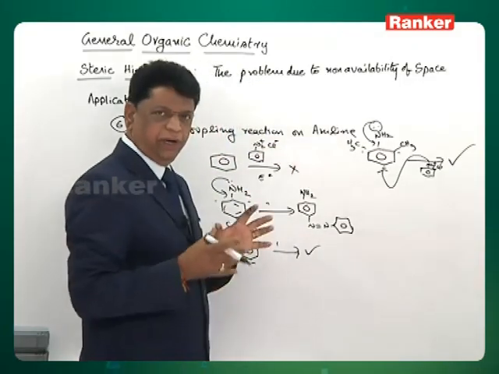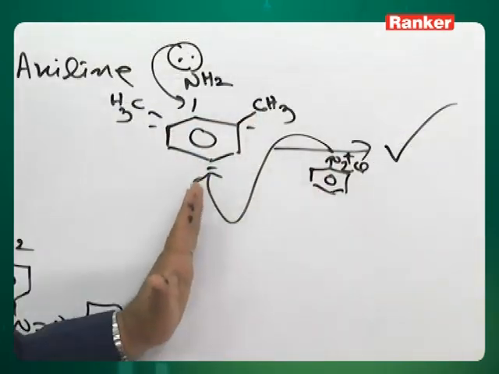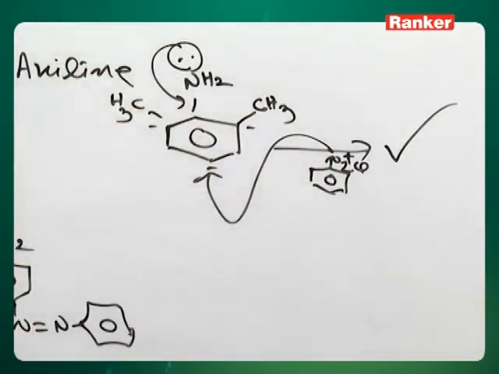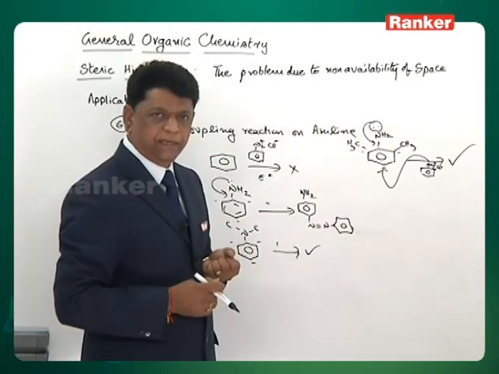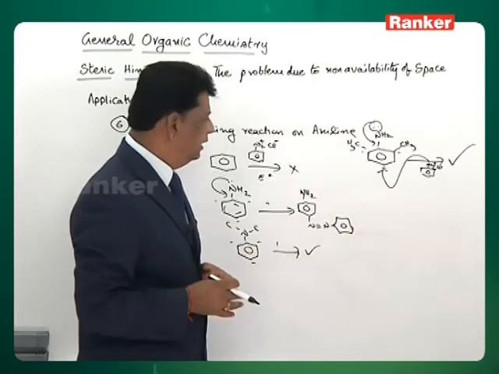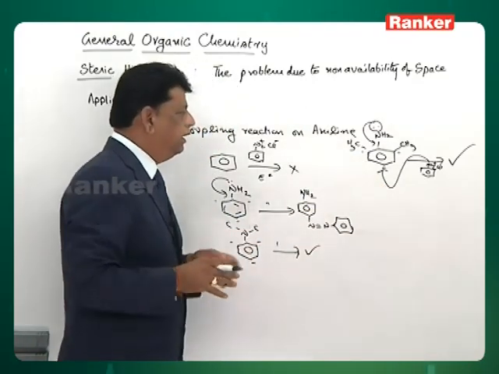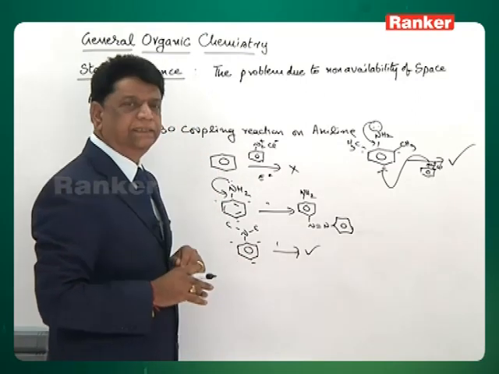Anyhow, ortho is already blocked, that is filled. So therefore it goes to the para, and the groups on that side will not have any hindrance. And moreover the methyl is an activating group, plus I, so we have a plus point, and there are no deactivating or reaction-subsiding conditions. So therefore the reaction takes place.